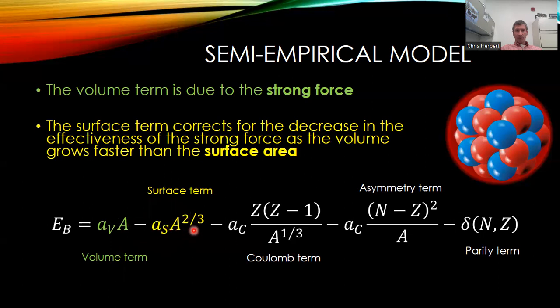The next term is that surface tension term. As we grow, the volume is going to get bigger than the surface of this droplet, if you will. So the number of nucleons on the surface compared to how many nucleons we have in the center is going to become smaller and smaller. So we subtract off this surface tension term.